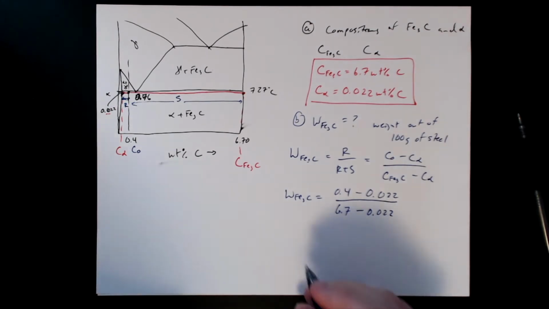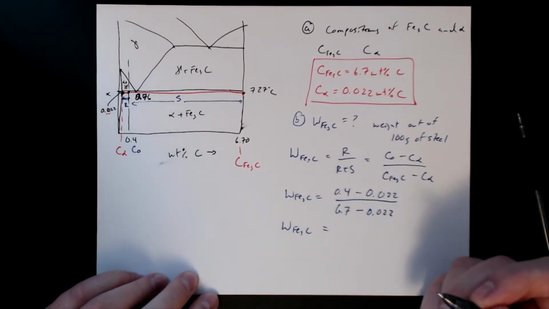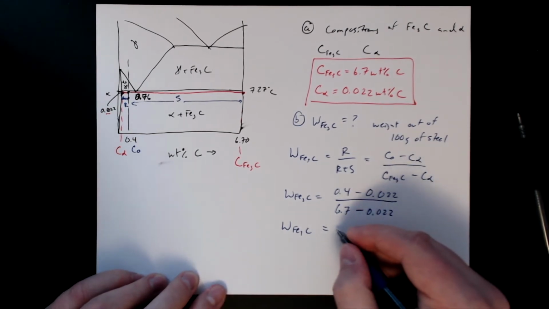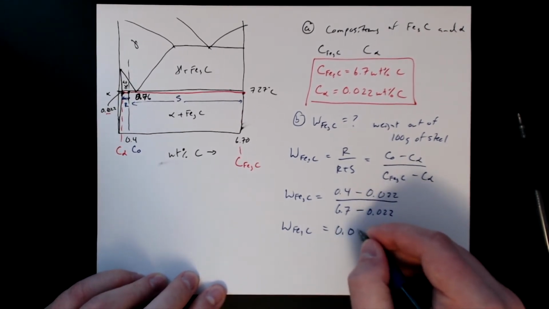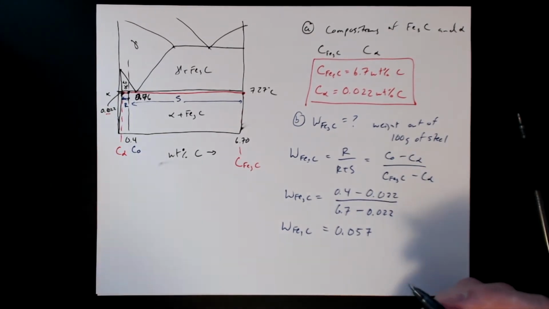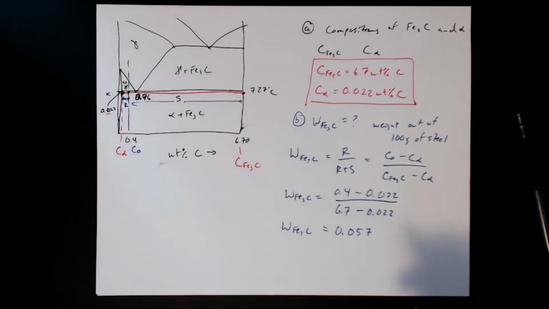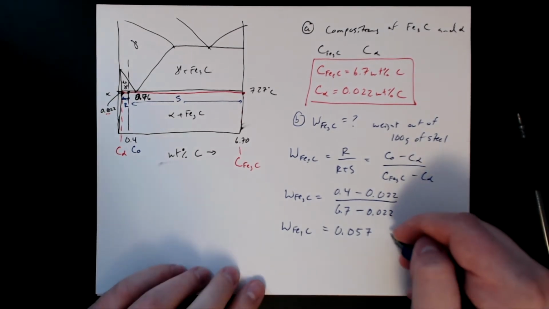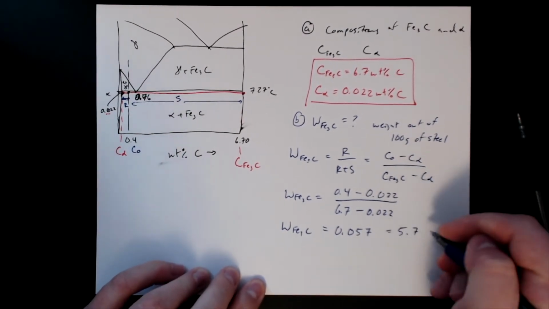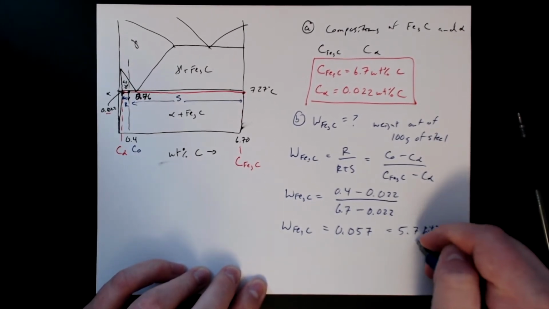If we plug all of those into a calculator, we get 0.057. This is a fraction, and we can multiply that by 100, which gives us the percent. So this is 5.7 weight percent cementite.